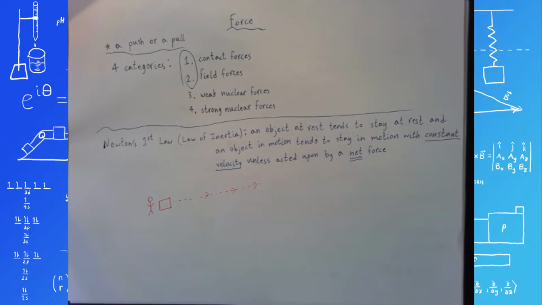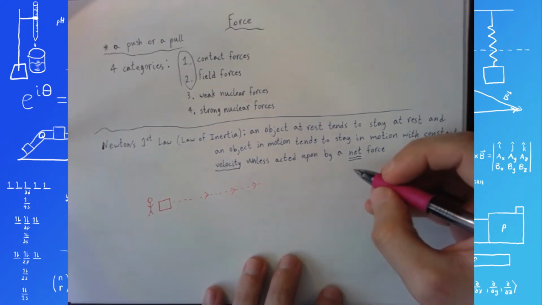But if we did have such an environment, like very far out in outer space, we'd be able to see that, yeah, when an object is just drifting through space, it doesn't need anything pushing or pulling on it to make it move in whatever direction it's moving. Okay, so constant velocity has been taken care of.